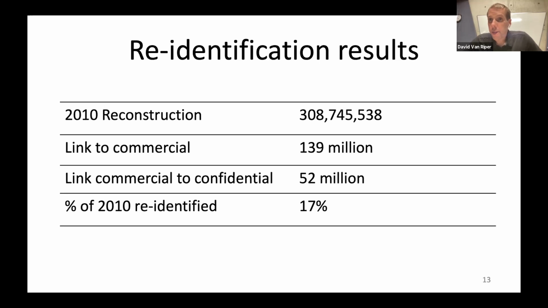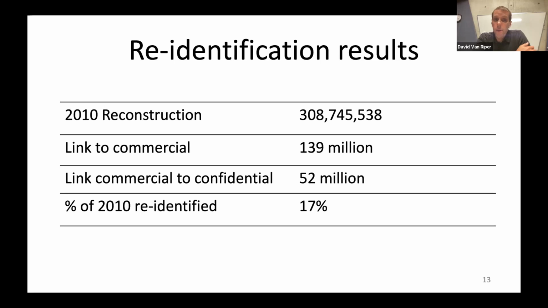And of those 139 million links in the commercial data, they were able to link 52 million of those cases to the confidential internal census data. So the Bureau states that they were able to re-identify 17% of the 2010 decennial census respondents in this re-identification experiment.